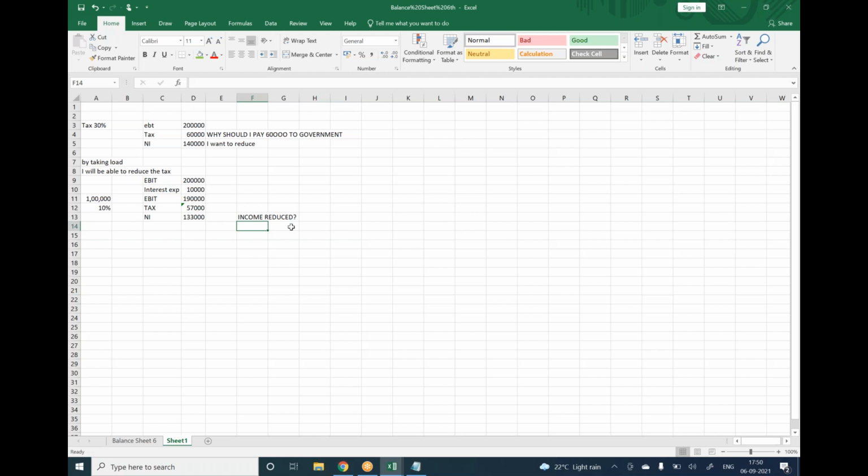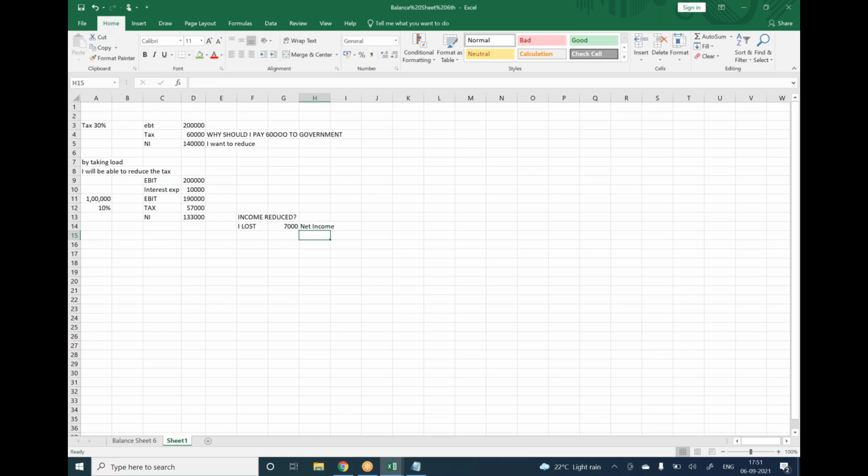I took a loan of 1 lakh, right? Because of that, how much cash did I lose? I lost 7,000, right? 1 lakh 14,000 because I didn't take a loan. By taking a loan, it is 1 lakh 33,000, right?